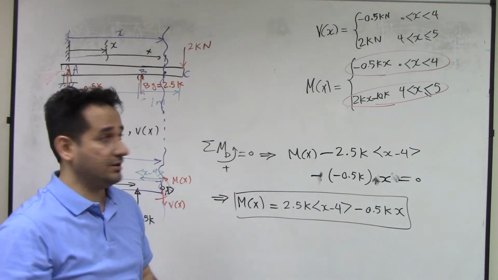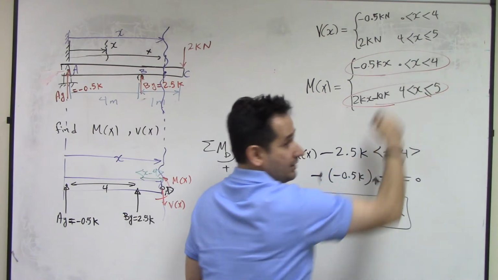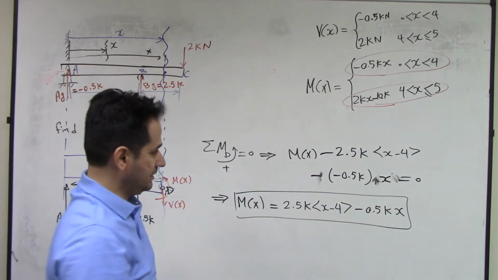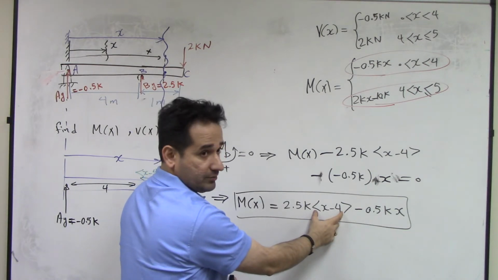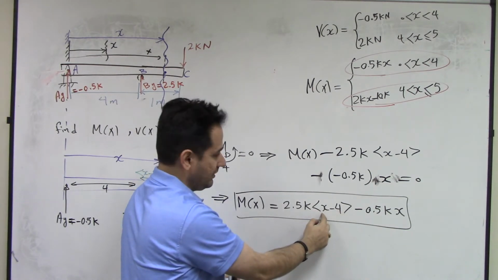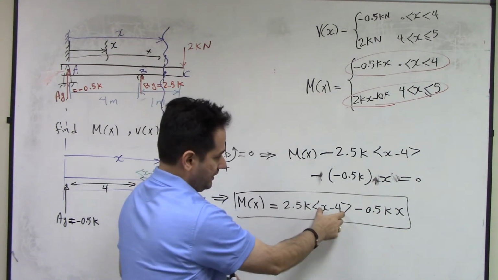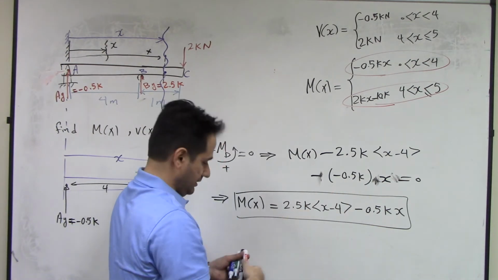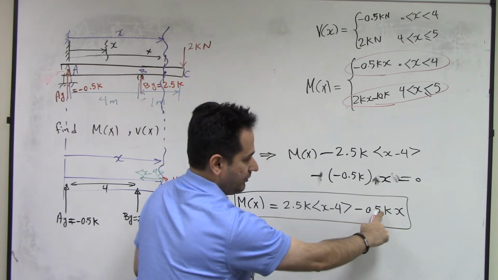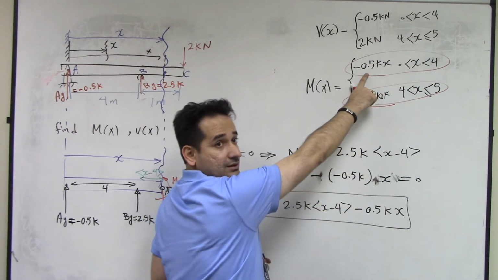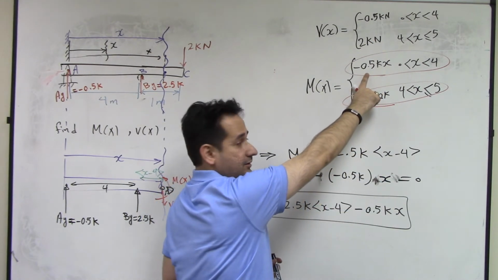So let's say if x is between 0 and 4, then what do I have here? You compute the argument, it is negative. x is smaller than 4, so this is 0. Then what do we get? Negative 0.5 k. That's what we have, right?